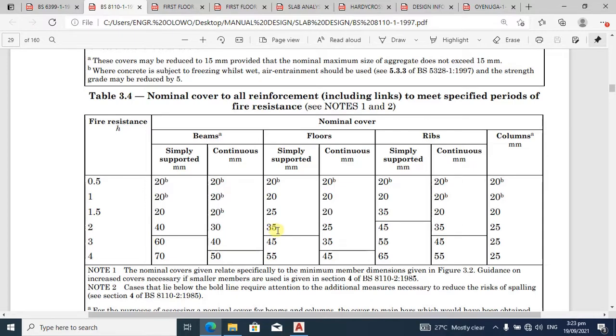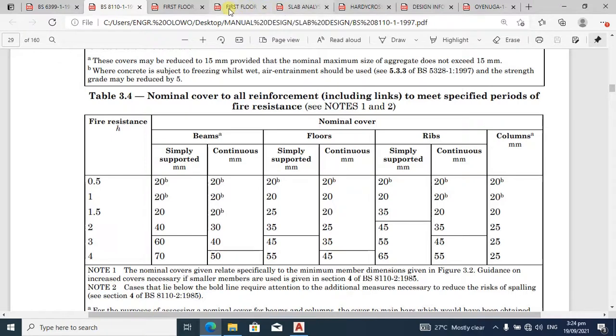We are going to trace it down to a point where we have continuous floors. These 2 columns are for beams, these 2 columns are for floors, that is slabs, while these other 2 are for ribbed slabs. Then this last column is for structural columns. So since our fire resistance is 2 hours, we trace these 2 hours down here under continuous floor, because our floor is continuous.